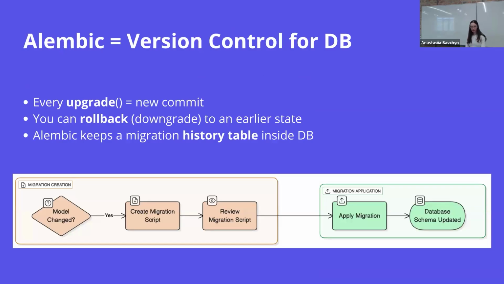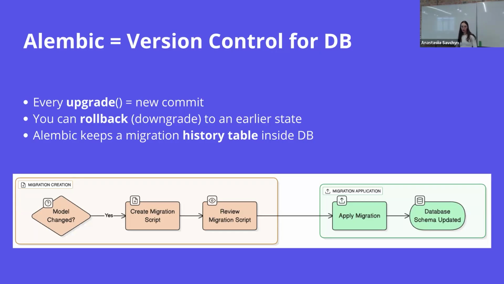So here we have a small diagram of how it works. And what is this Alembic? Alembic is a tool that we use to work with migrations. There are other tools also available, but this one is the most suitable for our use case, and we will work with it. So Alembic has upgrade and downgrade functions.